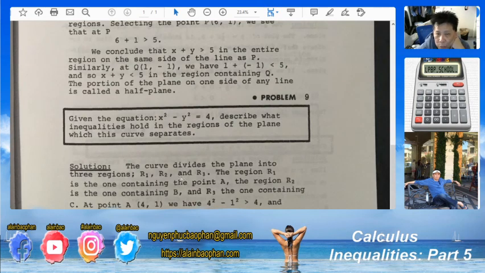Okay, they will have 3 different regions. The curve divides the plane into 3 regions, R1, R2, and R3, and then in each region you just pick a point to test.